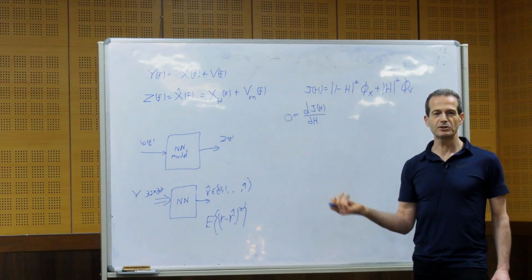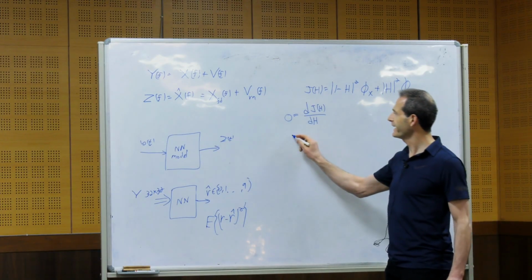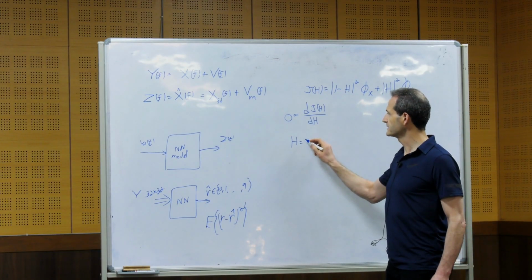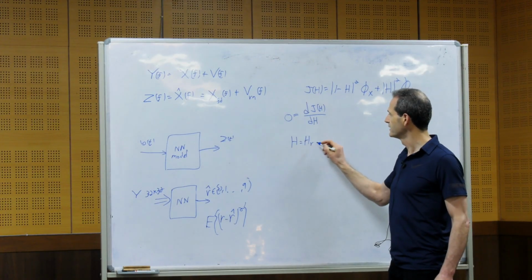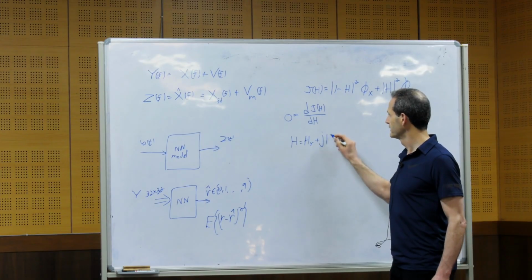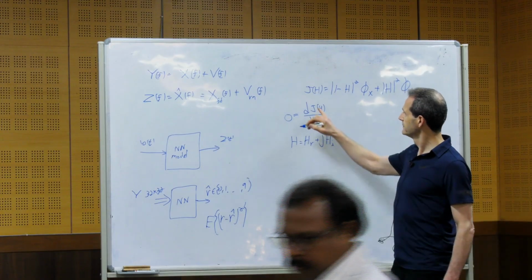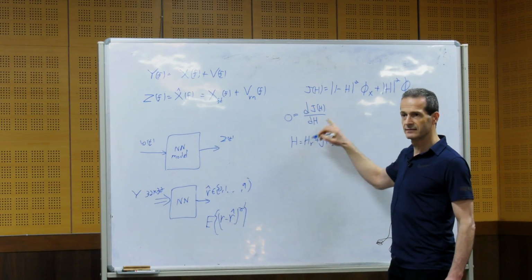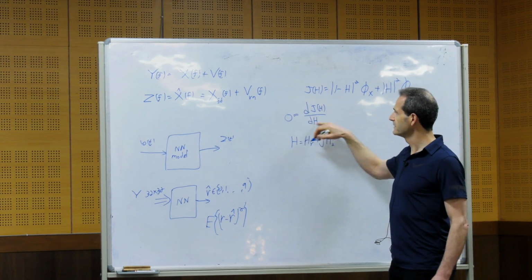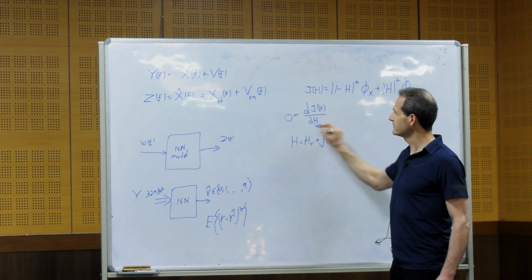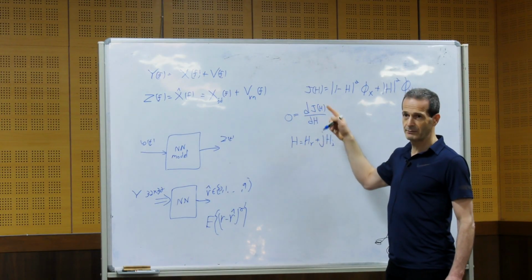So there are 2 options. One is the difficult option, one is the easier. So first, I can define h by its real and imaginary parts, h_r plus j h_i. And then, do you agree that something like this, you think about it as a single equation, but it's with complex numbers.